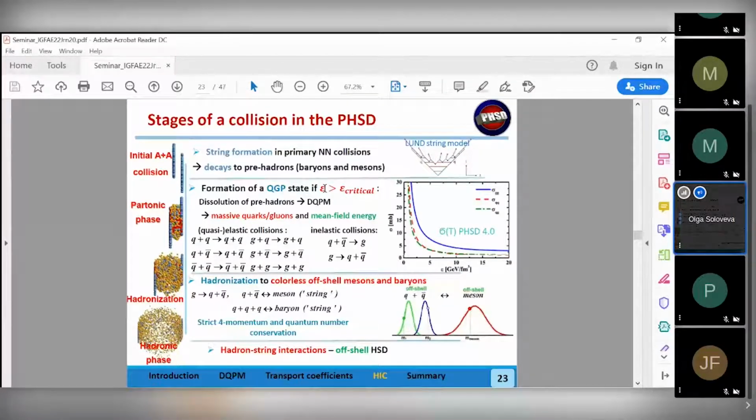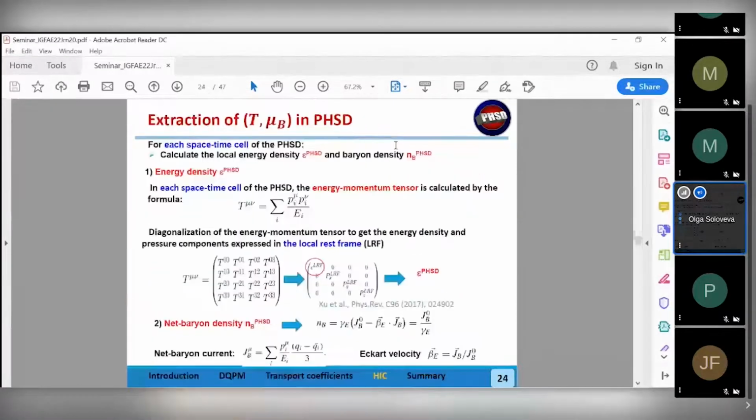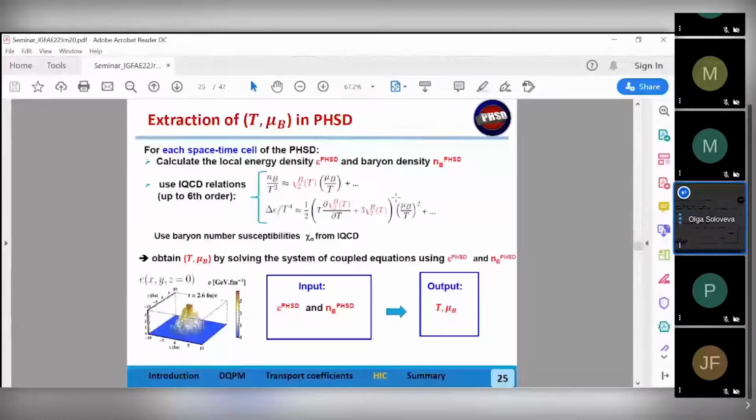So we are extracting temperature and μB using the energy-momentum tensor. In each space-time cell, we calculate the energy-momentum tensor. Then we perform diagonalization in order to obtain the energy density and the pressure in the local rest frame, which will tell us the energy density and the baryon density, which we can compare with our DQPM results or lattice QCD results.